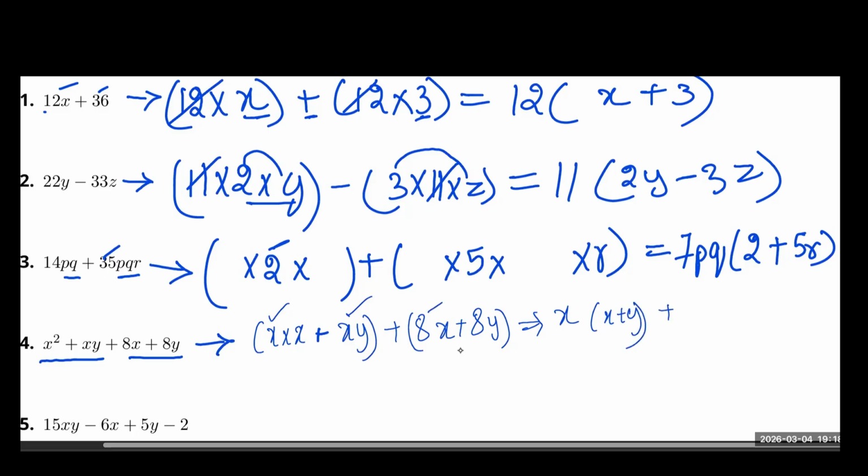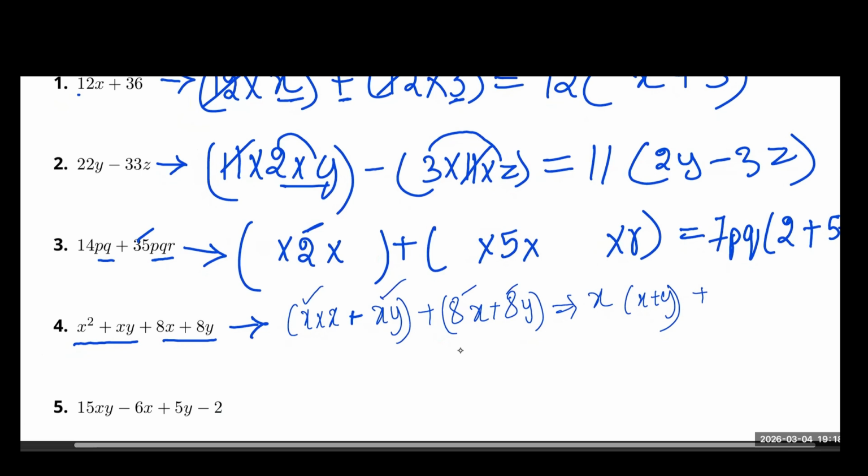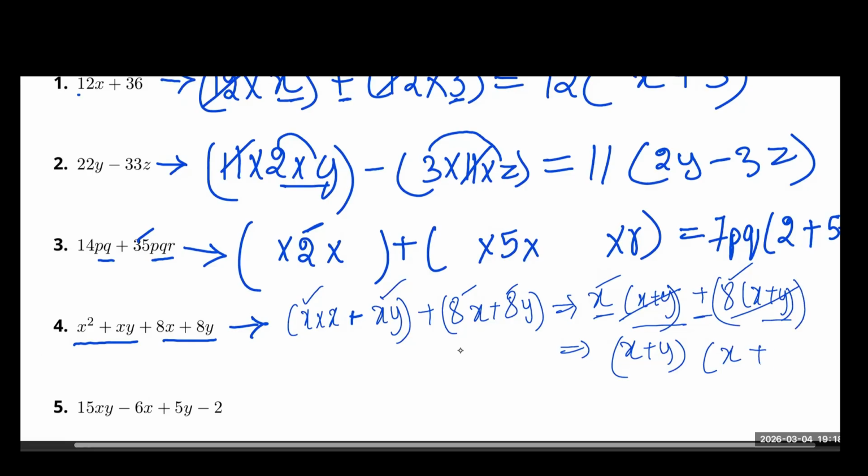In the second group, if you take 8 common, clearly 8 is common in both of them, so 8 into x plus y. Again we got an expression, and here again we have a common term x plus y. So we just have to take the common term x plus y, and the leftover part is x plus 8. This is the answer.